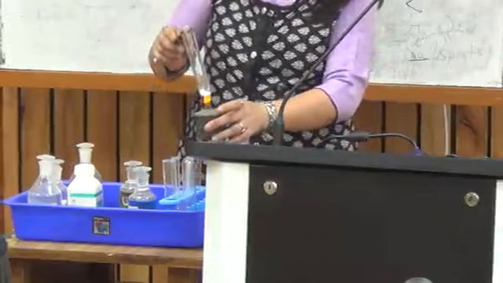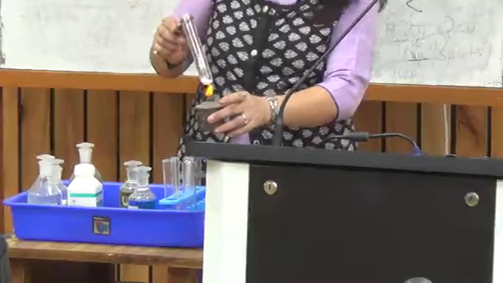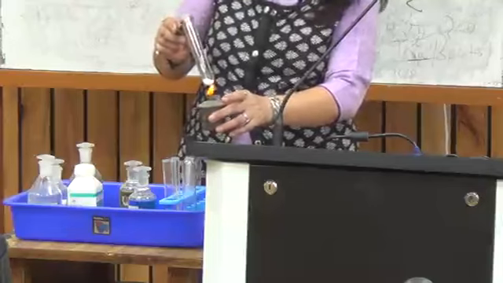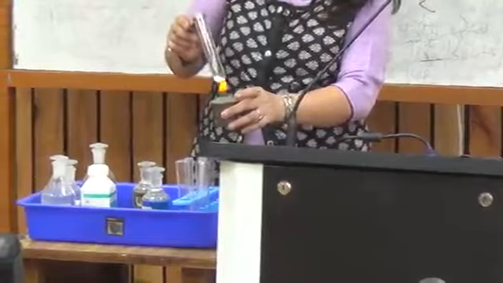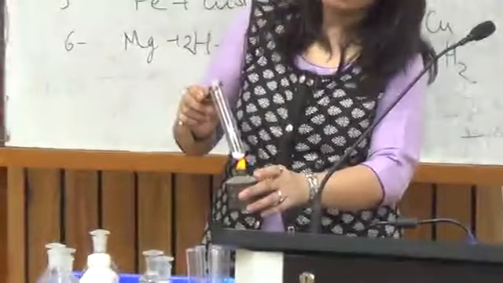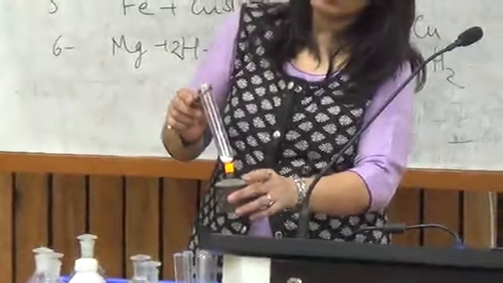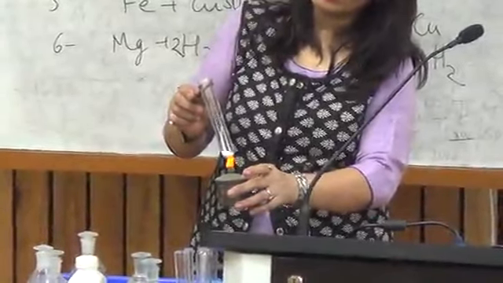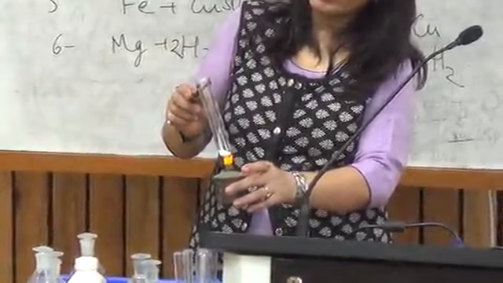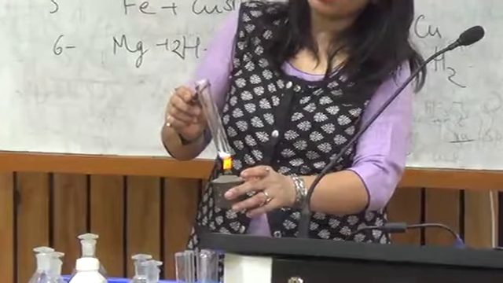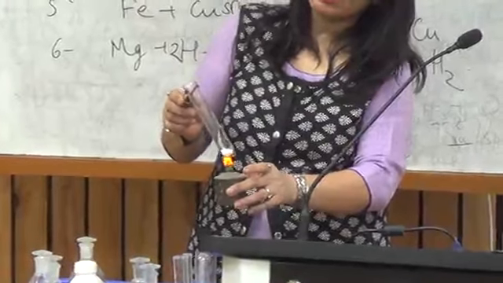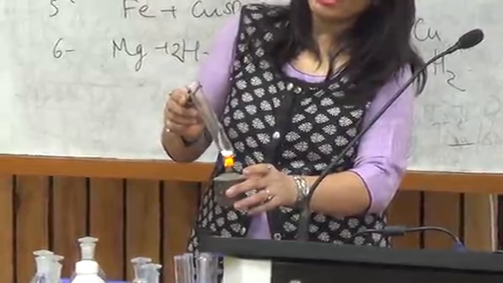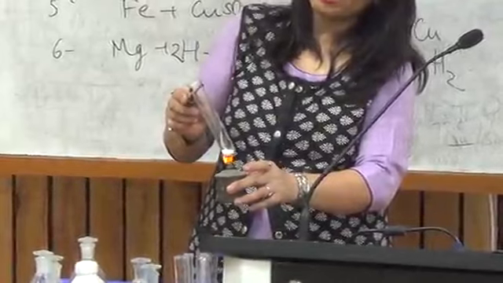What all changes happen? You see the fumes condensing over the inner side of the boiling tube. These are water vapors. Do you hear some sound? This is a crackling sound here. So when lead nitrate is heated, a crackling sound is produced. So in a chemical reaction, sound may also be produced.